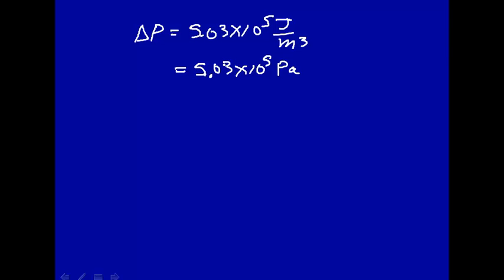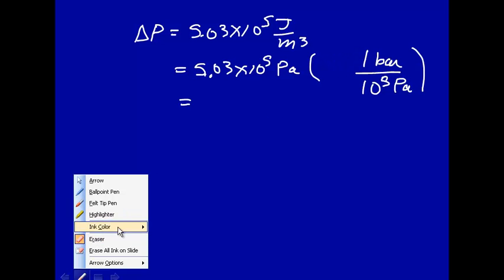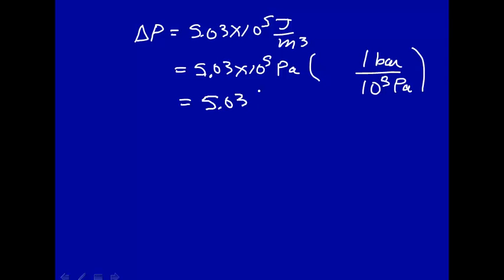And that's generally true. If you use SI units throughout, then whatever quantity you're calculating will have the SI unit. And this is equal to, we have to multiply, because we want it in bar, that's what we're asked to calculate in the problem, by 1 bar over 10 to the fifth Pascal. So this is 5.03 bar.